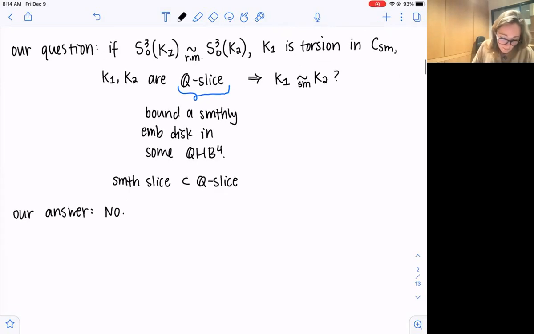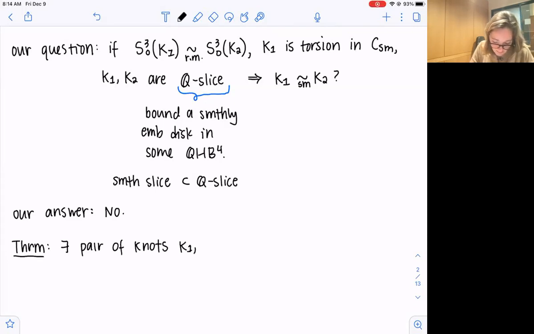And maybe we'll write as a theorem that there exists a pair of knots, K1 and K2, such that their zero surgeries satisfy this equivalence.